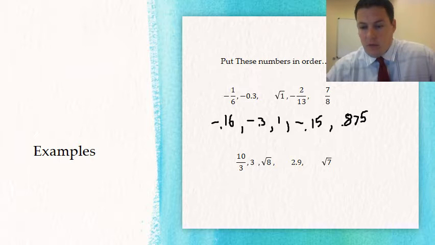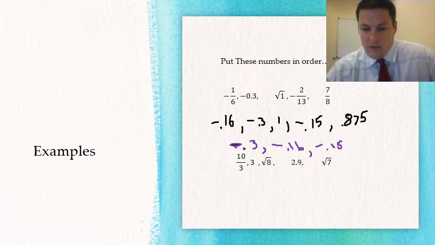If I'm going to write them in order, all right, my smallest negative number is negative 0.3. Then negative 0.16, then negative 0.15, then 0.875, and then 1.